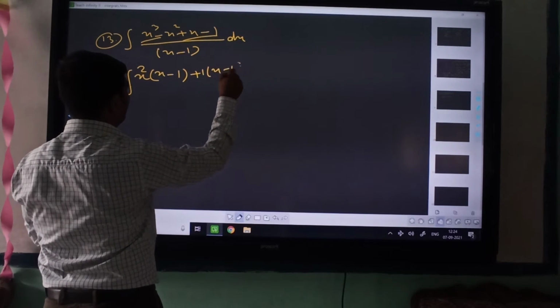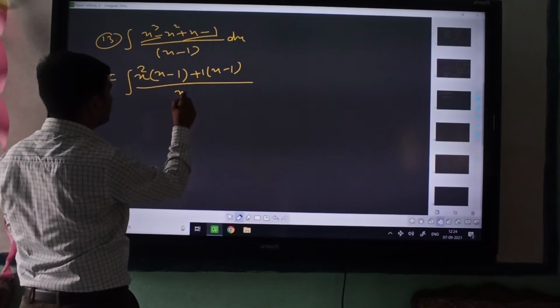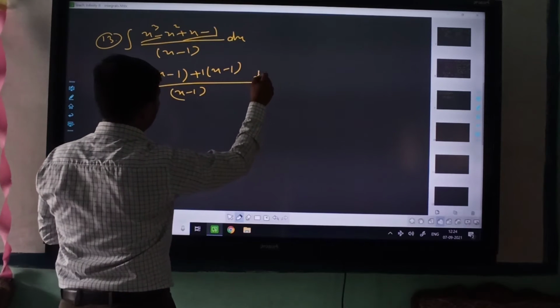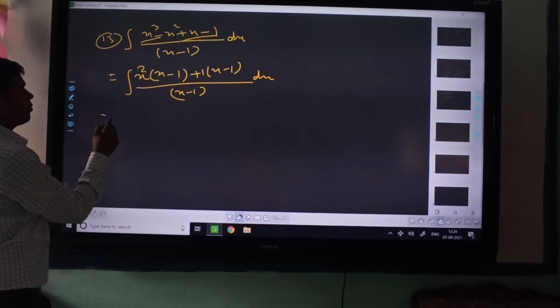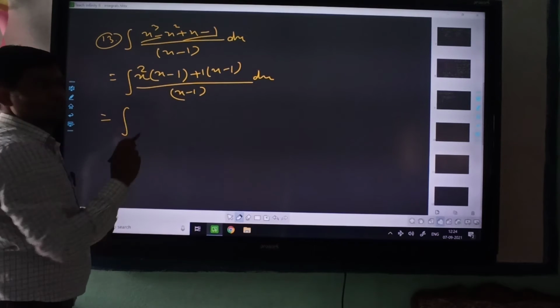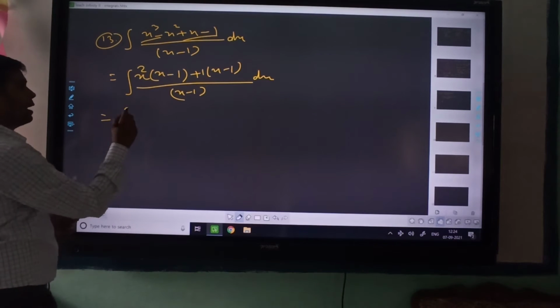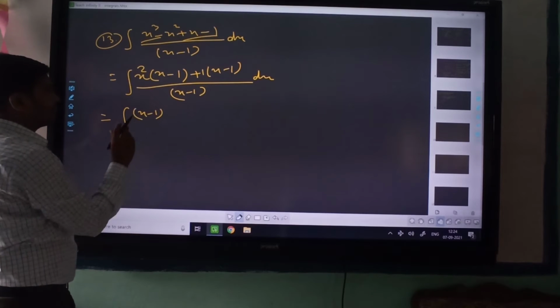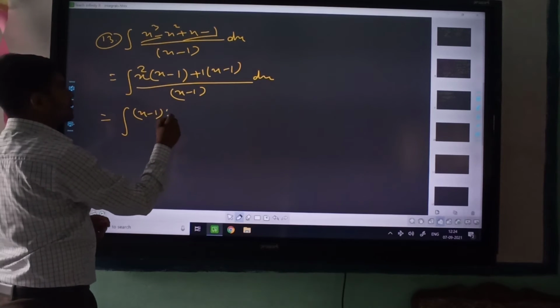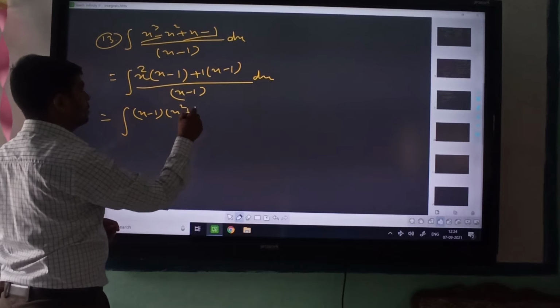This gives us x square times x minus 1 plus 1 times x minus 1, over x minus 1, dx. From these two terms we take x minus 1 common, and the rest is x square plus 1.